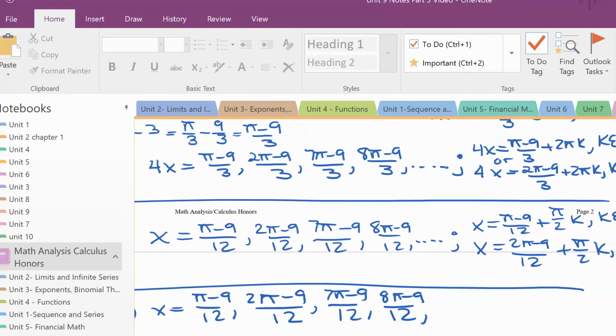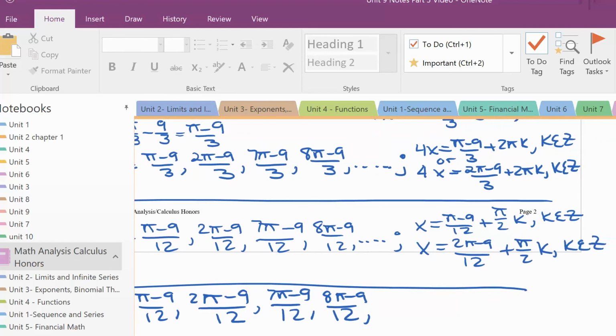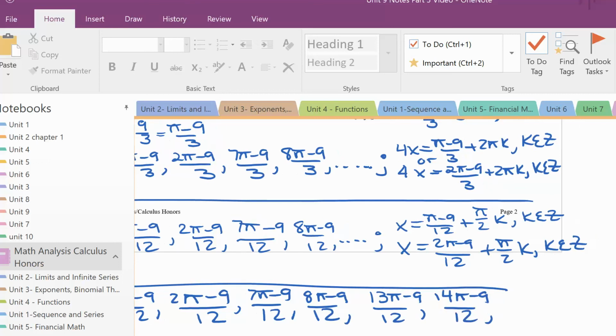Then if you put 2 in and you get a common denominator, you get 13 pi minus 9 over 12 and 14 pi minus 9 over 12. And that still works. If you do put that in your calculator, it's still going to be between 0 and 2 pi. So you can keep going and put 3 in.